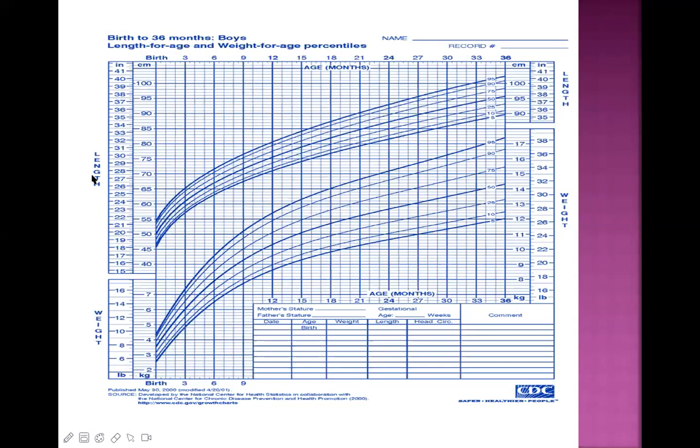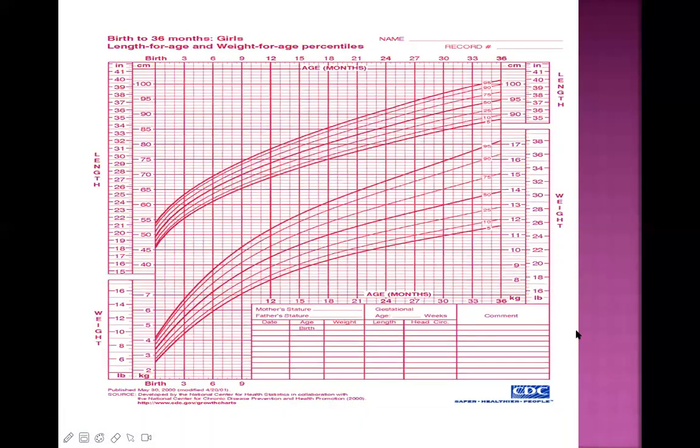Now let's see the length. See there, there is the age. Let's say a 2-year-old. Let's go right here. Now where is the 50th percentile here? This line. So the intersection between these two lines is the expected length of this particular baby. This is the way. This chart is for girls.